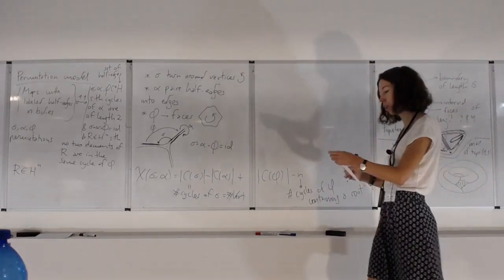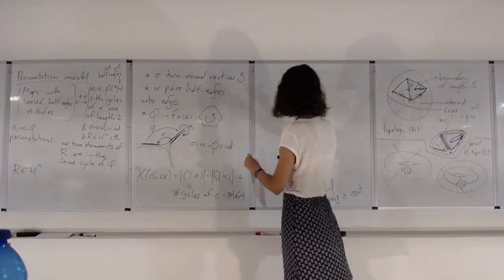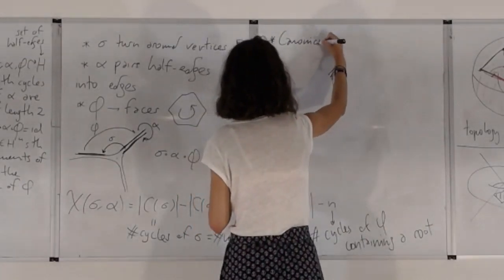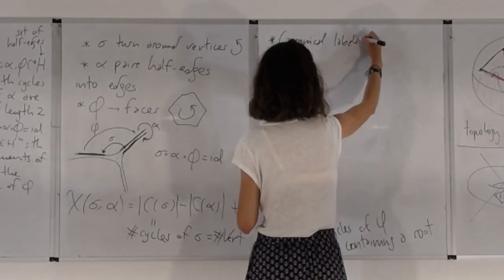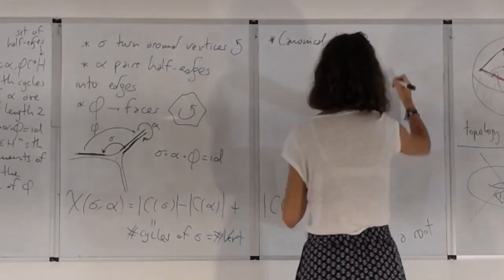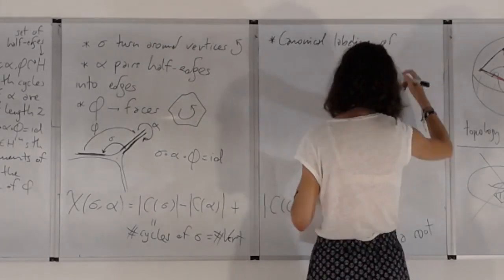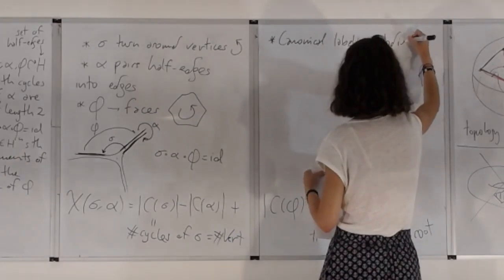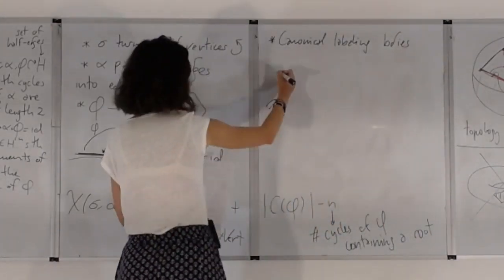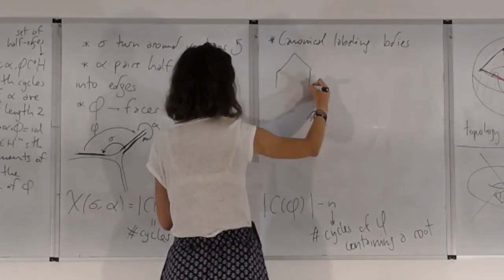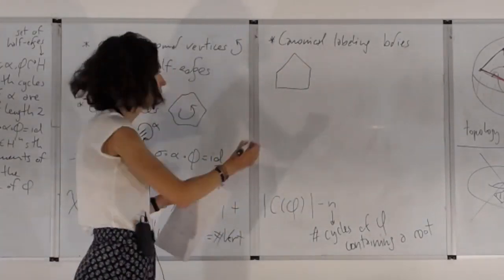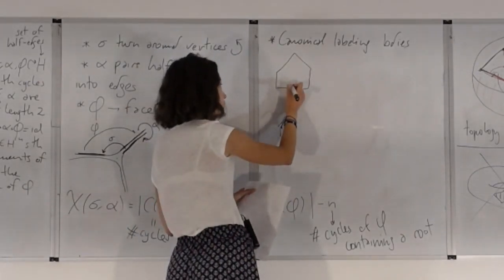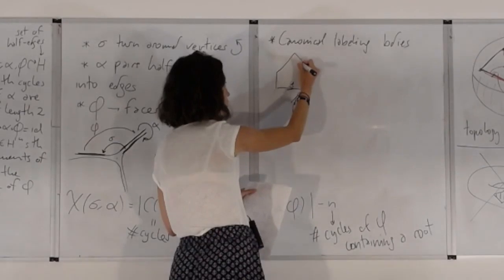Can we go to our unlabeled maps? First of all, observe that there is a canonical way of labeling boundaries. Imagine that you have your polygon that is your first boundary, and it's rooted here. There's a canonical way of labeling because you just start from this one and you go around it counterclockwise.